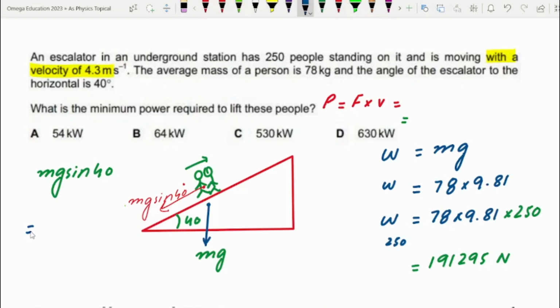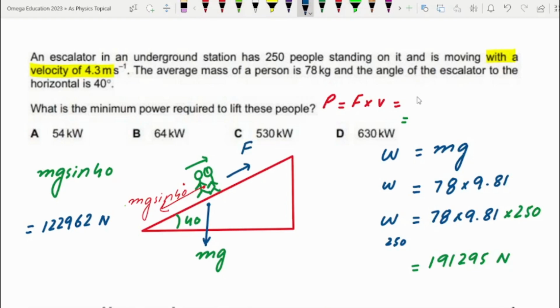So I just multiply the answer by sine 40, and what I get is 1229. All right, so in order to make the escalator move with a constant speed or constant velocity, the escalator needs to apply the same force but in the forward direction, which in magnitude would be equal to mg sine 40.